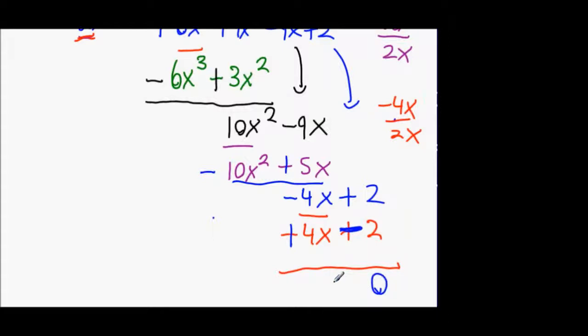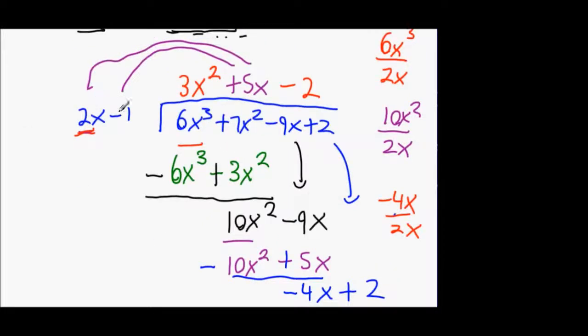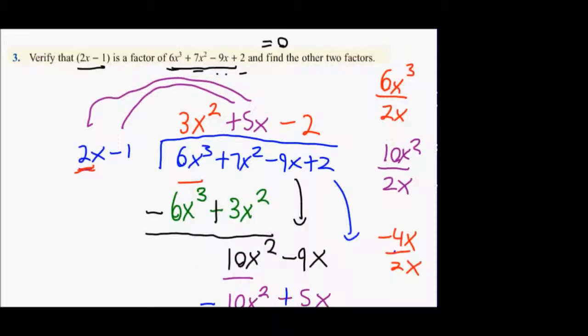Now, I'm going to tell you, this method works in two ways. The first is, because 2x minus 1 divides equally into this polynomial here, this means it's verified to be a factor. It is a factor. The next thing it does is, it tells us that it divides in this many times.